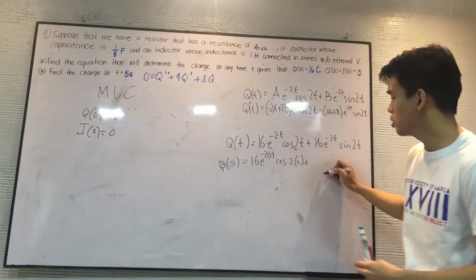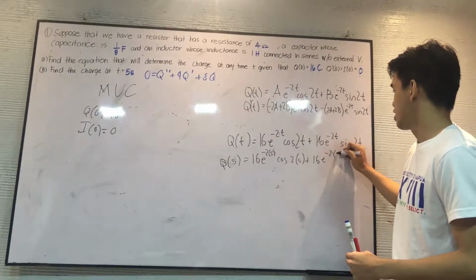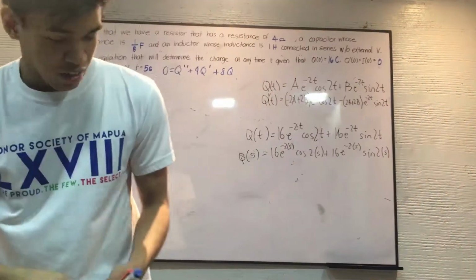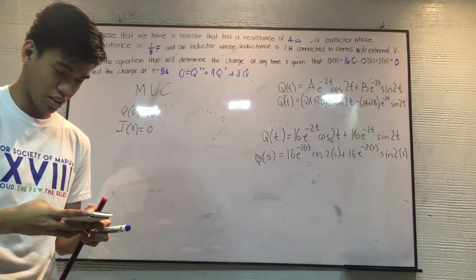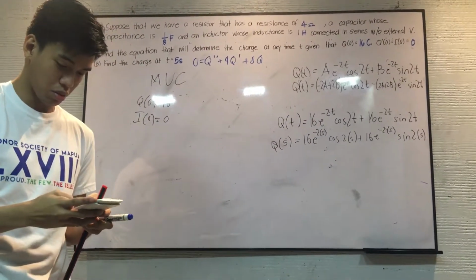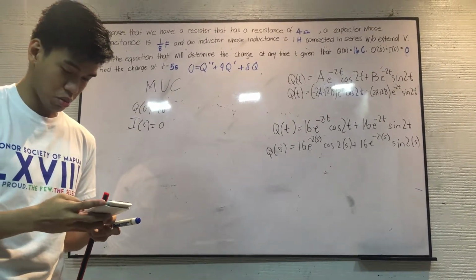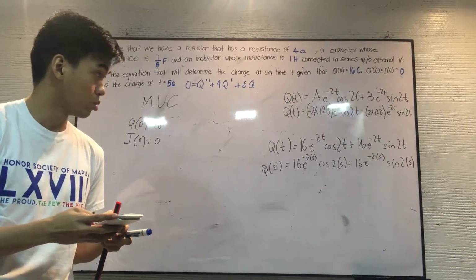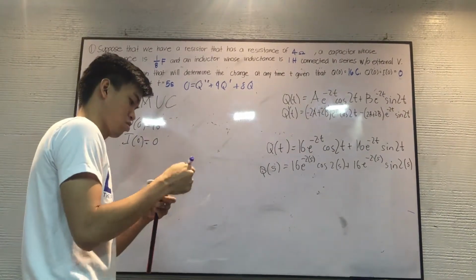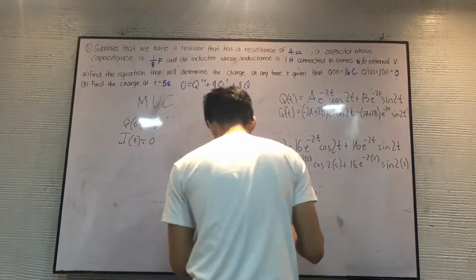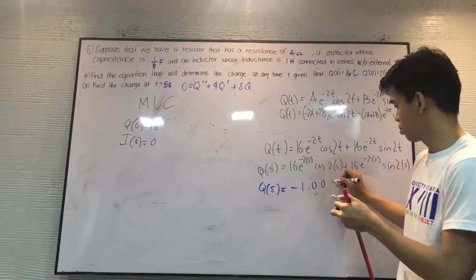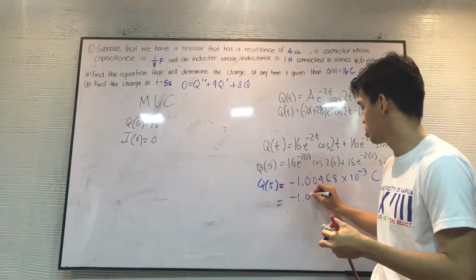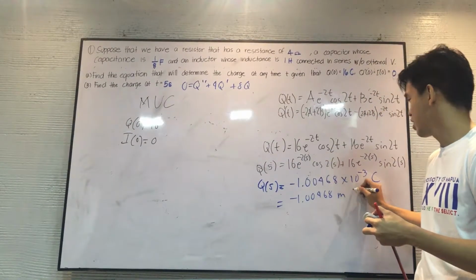Then, using your calculators, you can get the answer, which is 16e^(-2(5)) cosine 2(5) plus 16e^(-2(5)) sine 2(5), which is equal to negative 1.00468 times 10 to the power of negative 3 coulombs, or negative 1.00468 millicoulombs.